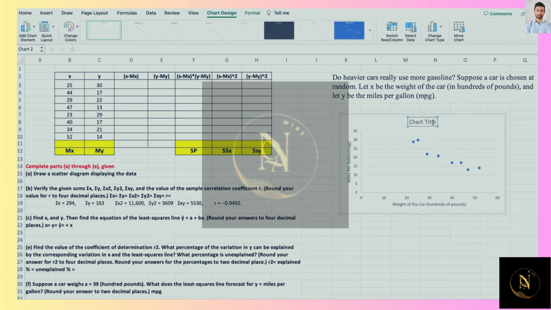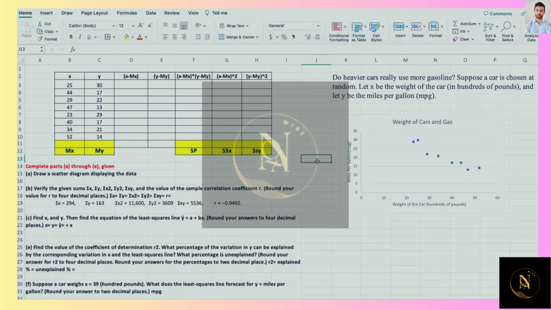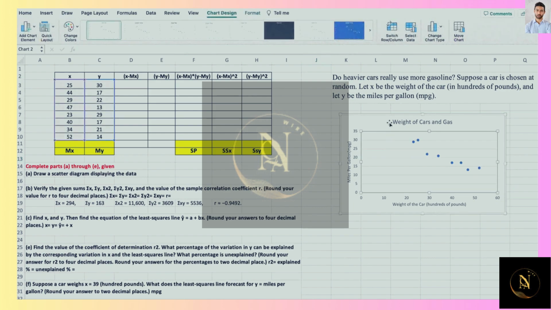And the title of my chart is going to be weight of cars and gas.